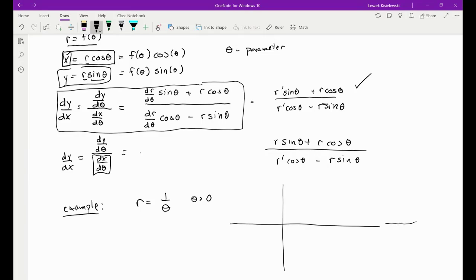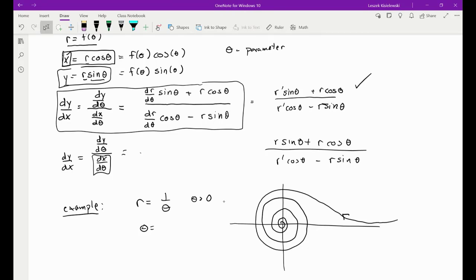And then as theta increases, r should be getting smaller, so it's some kind of weird combination of snail and spiral, right? And as theta goes to infinity, we start approaching the origin. And we want to find the equation of a tangent line to this polar curve, specifically when theta equals pi.